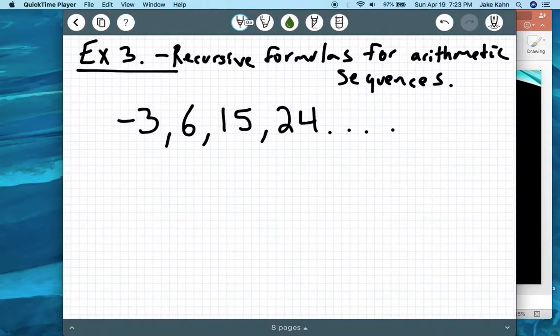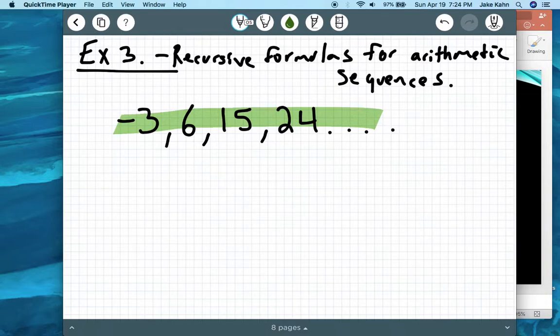Example 3 is for the objective titled Recursive Formulas for Arithmetic Sequences. In this objective you will have a list of numbers. It will be an arithmetic sequence, meaning addition or subtraction, and you will have to write a recursive formula for those numbers. Please remember from the PowerPoint slide that for a recursive formula, you are going to write 2 equations.